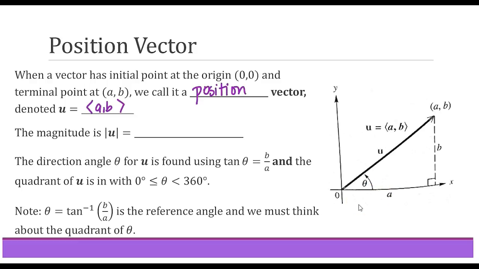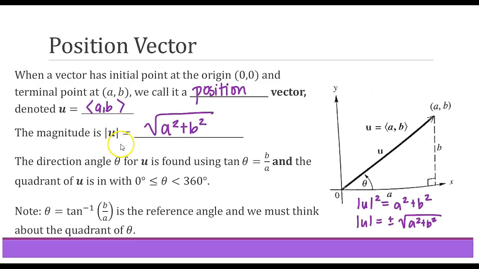The magnitude of u squared equals a squared plus b squared, so that's the two side lengths squared. I'm interested in just the magnitude of u, so I'm going to take the square root of both sides, and technically plus or minus comes out, but since we're interested in the length, the formula for the magnitude is just the square root of a squared plus b squared.